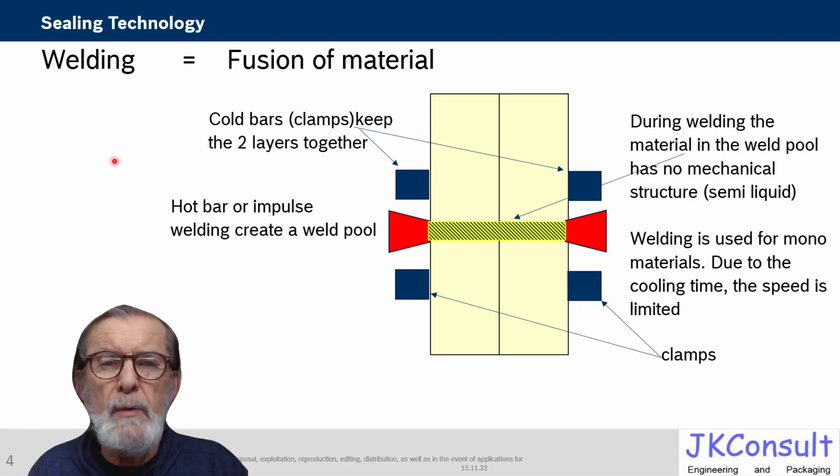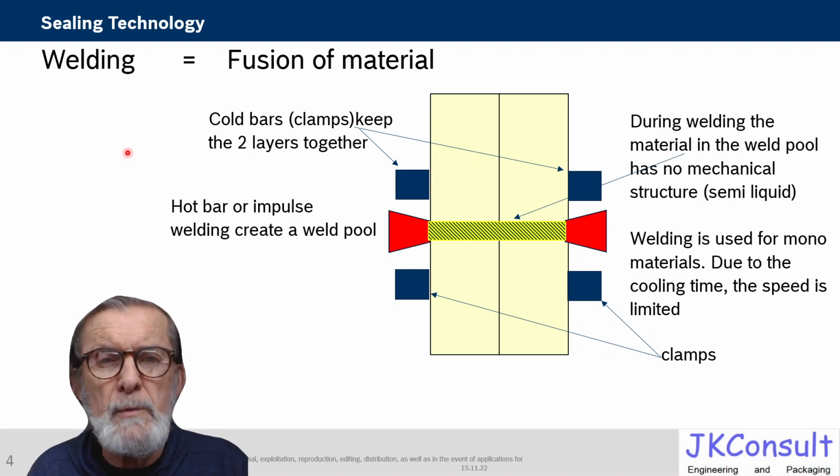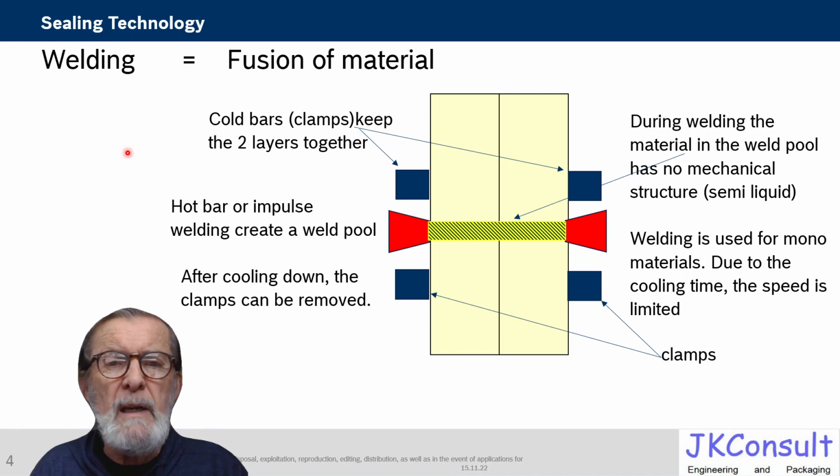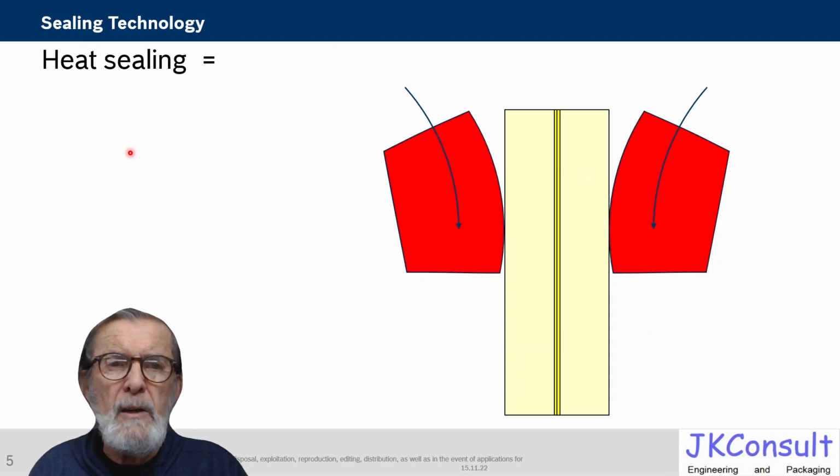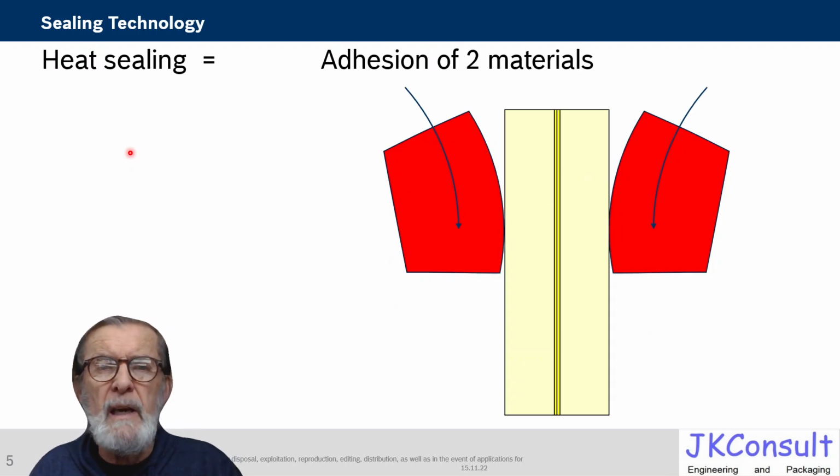There's a weld pool that has no mechanical structure, semi-liquid, and then you have to cool down and remove the clamps, and then you have a finished weld. It is one way to unite two films, but please take into account that during the welding action there is no mechanical force possible.